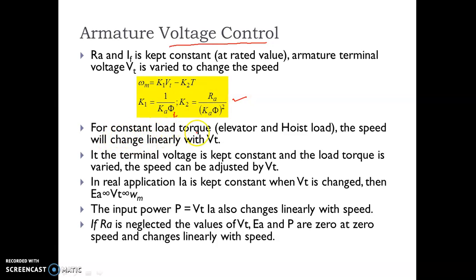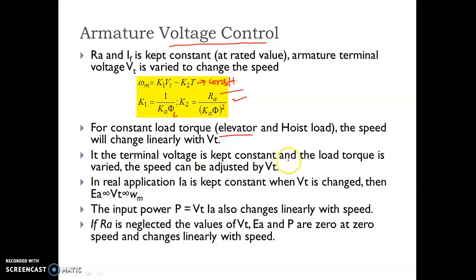So for constant load torque, like in case of an elevator or hoist load, the speed will change linearly with Vt. If this torque is kept constant, like in the case of the elevator, the speed is proportional to the armature terminal voltage.